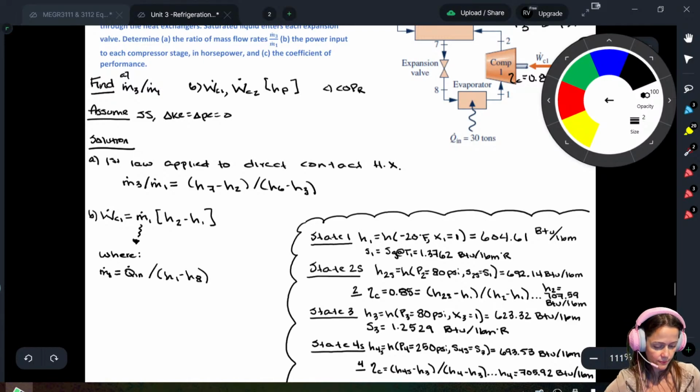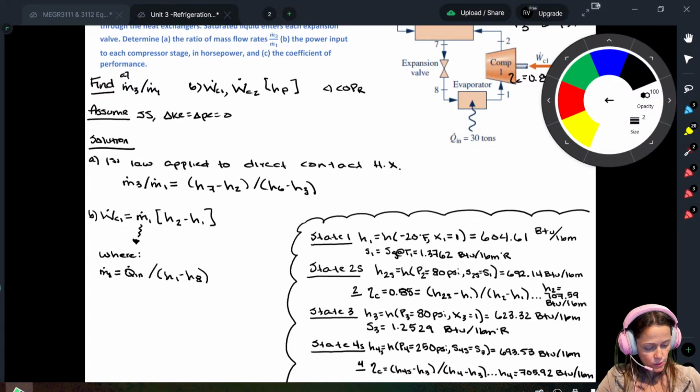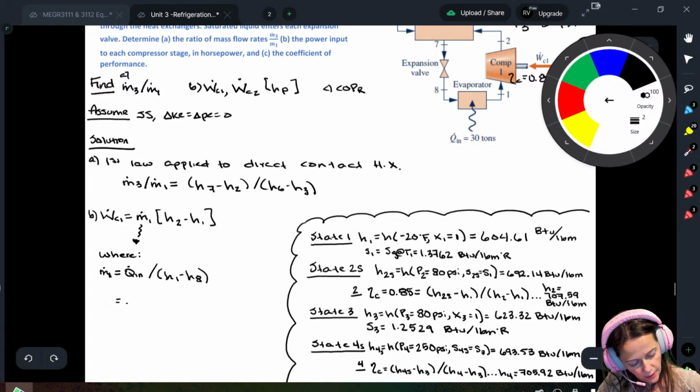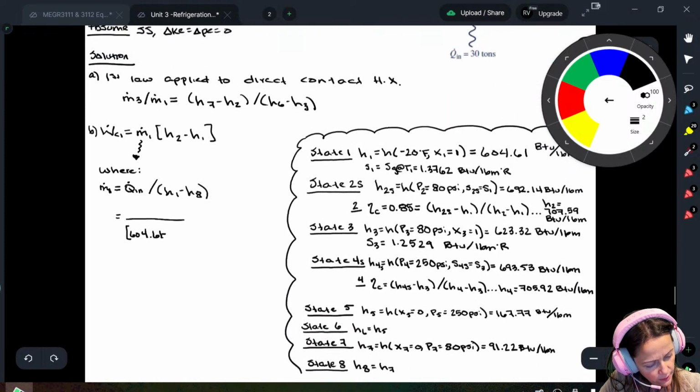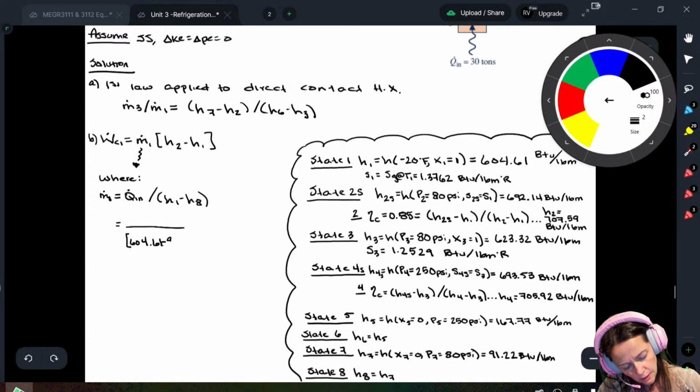All right, let's make sure we got the units correct. We've got H1, 604.61, H8, 91.22, and this is BTU per pound mass.